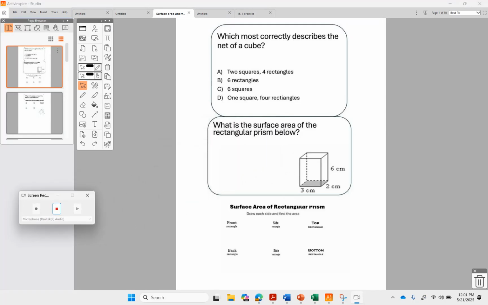So to explain some things, when we do these, the problems that have the box around them, that's what the problem will look like on your test. Obviously, it'll be a little bit smaller, okay?